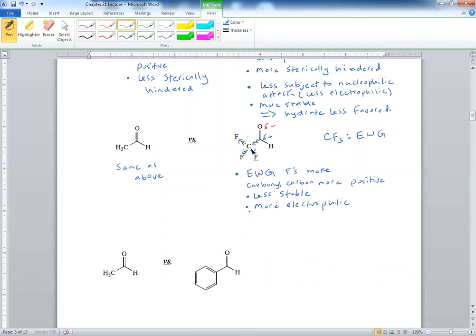Meaning the nucleophile will attack more readily. So this will be more subject to nucleophilic attack. So therefore, the hydrate is more favored.